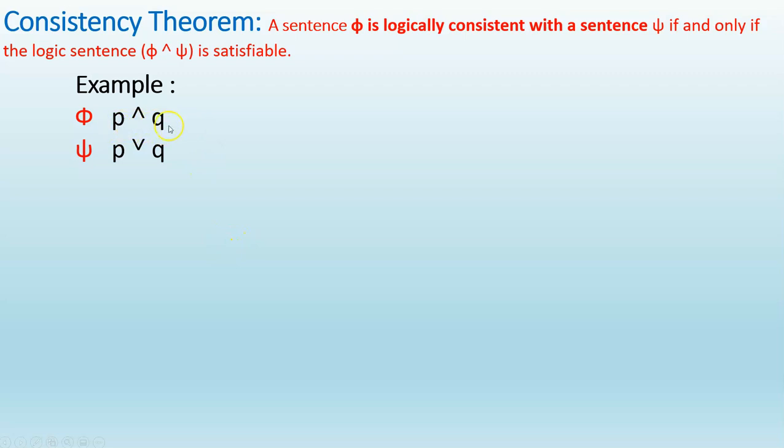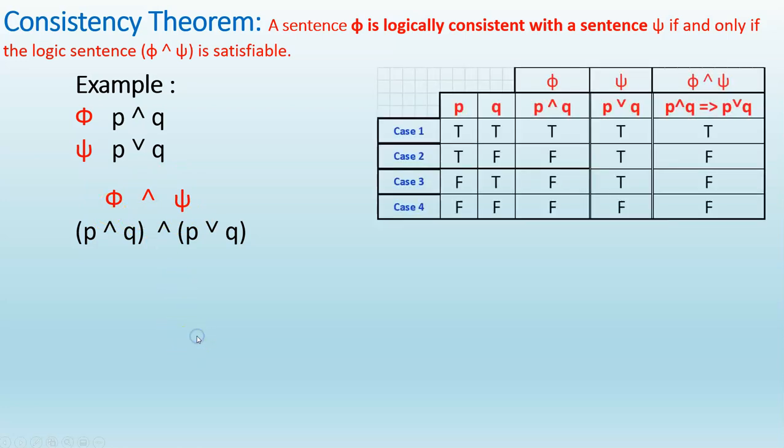If P and Q are both true, then phi is true, and also, psi is true. Another way to say that is, let's make the conjunction of the two sentences, phi and psi together, and ask ourselves, is there at least one truth assignment that satisfies this sentence? Well, there's one right there.